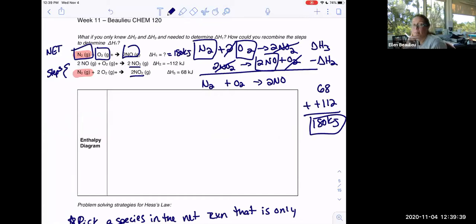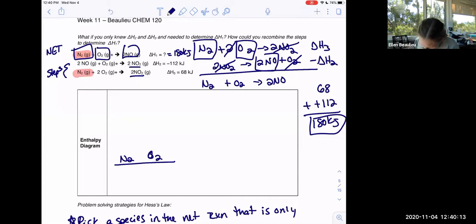What is that? I want you to build an enthalpy diagram, or help me build an enthalpy diagram. So let's just start with our reactants, N2 and O2. I still need 2 O2s, right?